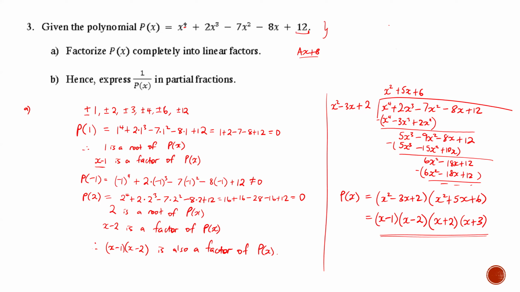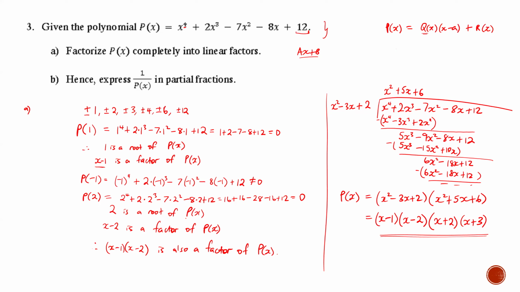The simplest way I can state this is that if you're dividing p of x by the polynomial x minus a, there's going to be a remainder. The remainder is usually a constant term. If I'm dividing p of x by x minus a, q of x is going to be my quotient, and r of x is going to be my remainder.